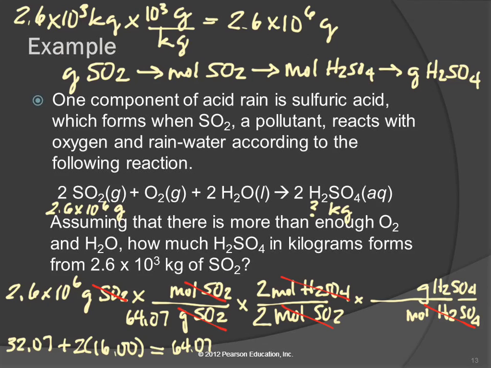64.07 goes in here. Then we need H2SO4. So 2 hydrogens, 1 sulfur, and 4 oxygens. Two times 1.008 plus 32.07 plus 4 times 16 equals 98.086.